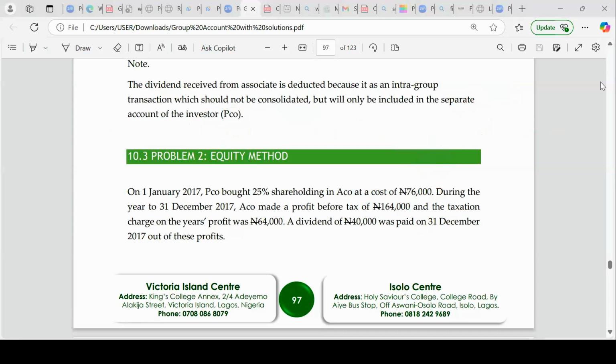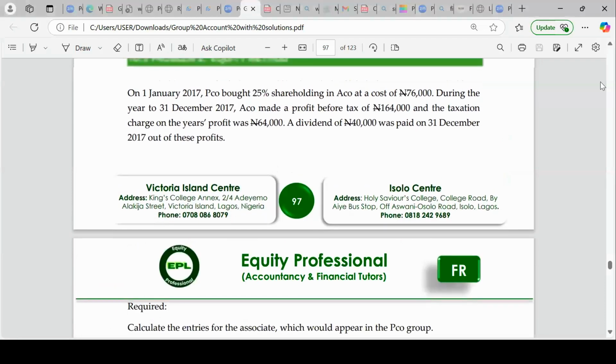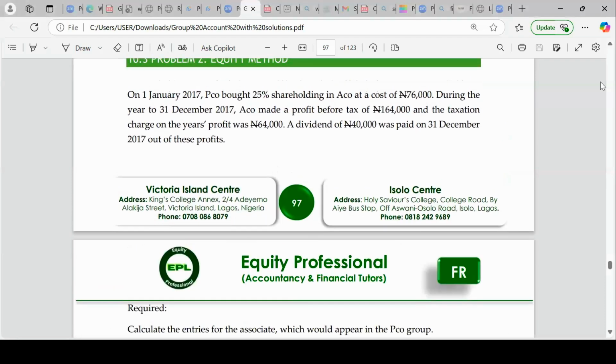All right. Let's look at problem number 2. Problem number 2, moving on. 1st of January 2017, Pico bought 25% shareholding in ACO at a cost of 76,000. 1st December 2017, ACO made a profit before tax of 164,000.